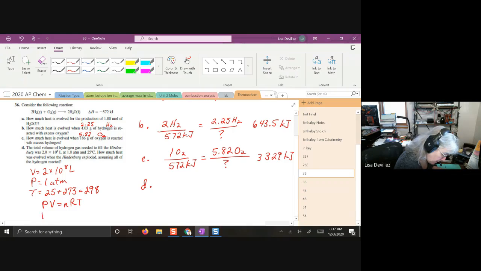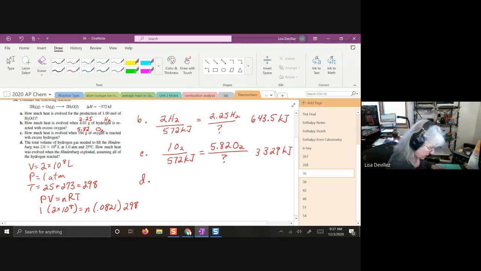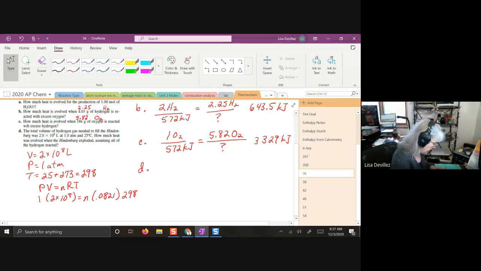That gives me 1 times 10 to the 8th and 1 and 298, so that gives us E8 divided by, so I get a really big number.